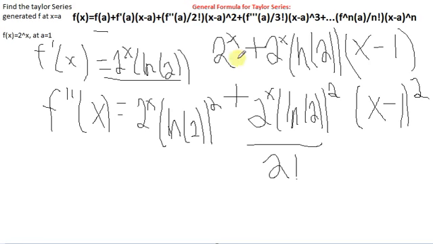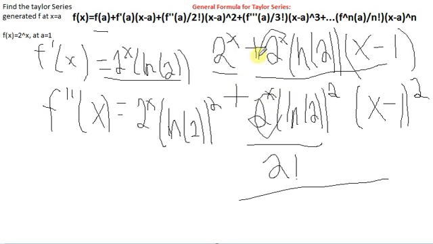Looking at this, we see a general pattern in the series forming. As you can see, 2 to the x is constant, right here and right here. But what is changing? The ln of 2 remains the same, but the power changes. This is to the first power, this is to the second power. That's one change, keep that in mind.